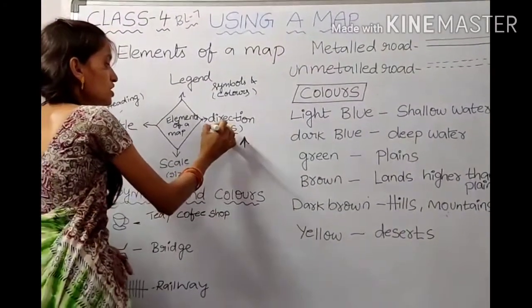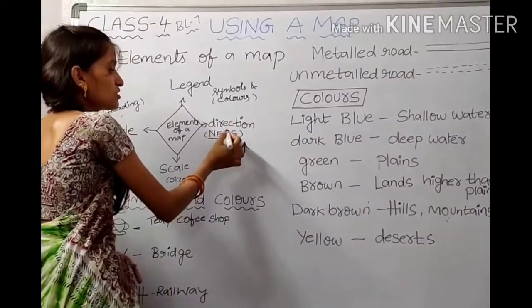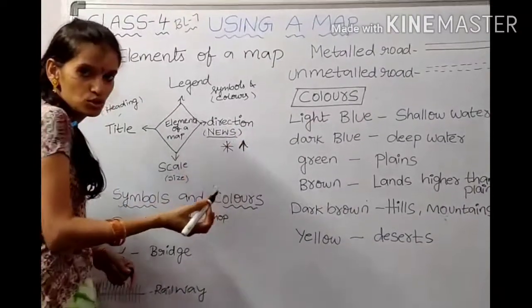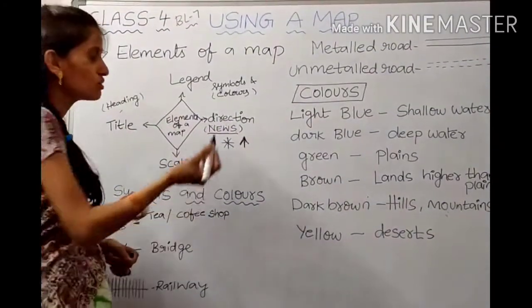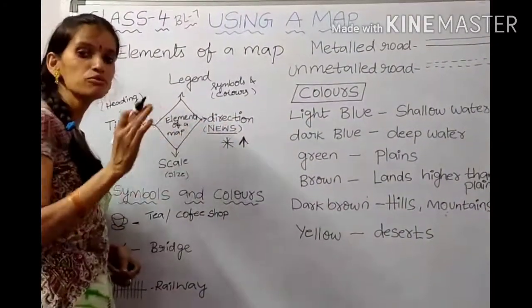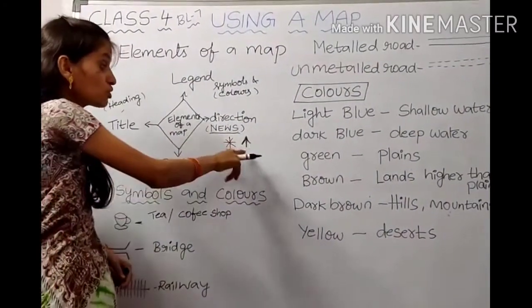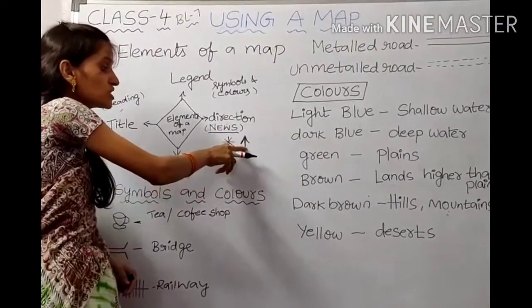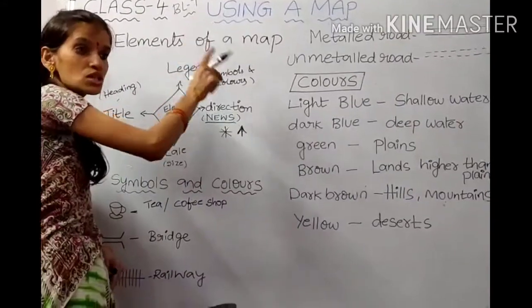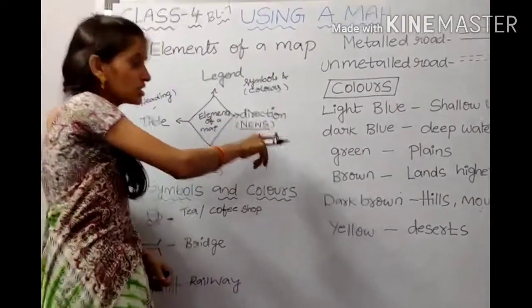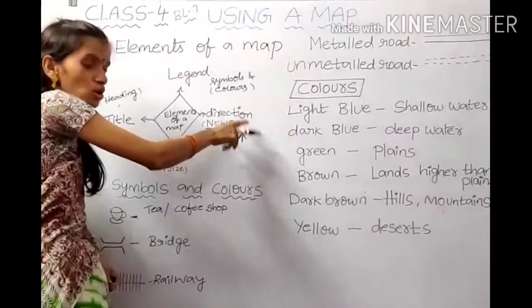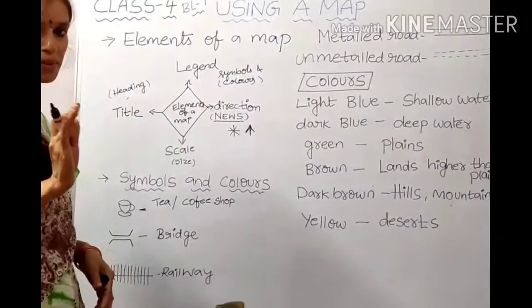NEWS means north, east, west and south. It is an easy way to remember the 4 directions. And we came across the symbol which indicates the north side, an arrow pointing north in the map.